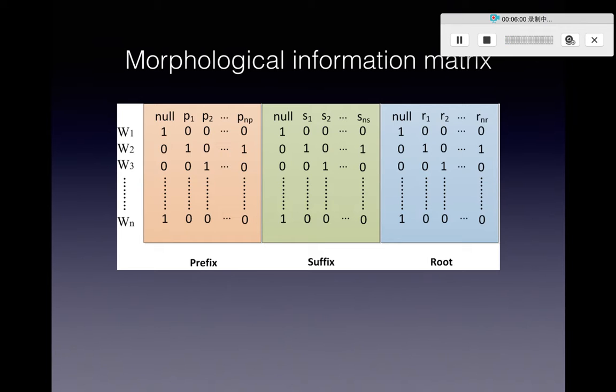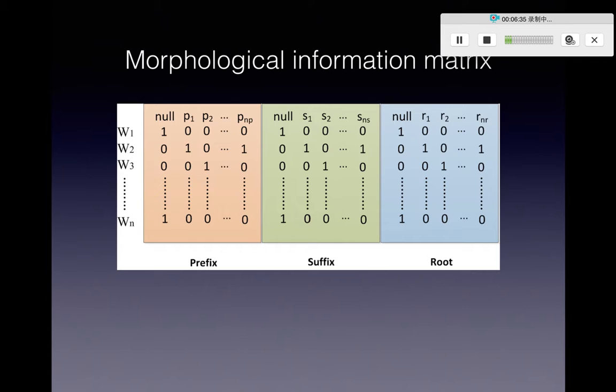If wi has the prefix pj, then the corresponding position in the prefix matrix will be set as 1. If wi has the suffix sj, then the corresponding position in the suffix matrix will be set as 1. The root matrix can be constructed in the same way.